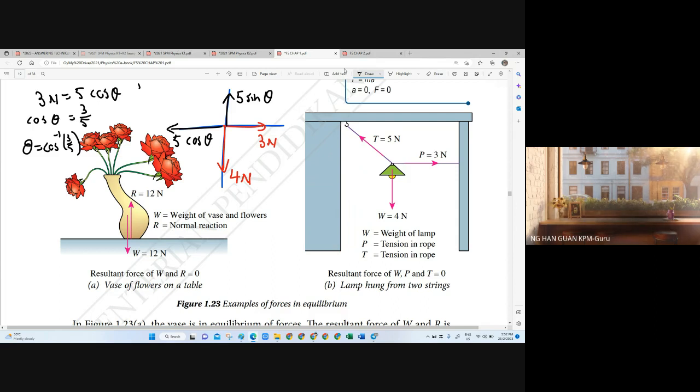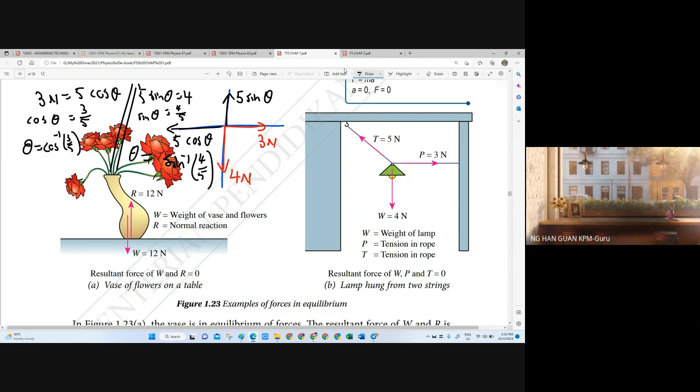Or you can solve it with 5 sin theta must equal 4, upward must equal downward in magnitude so that they have a resultant of 0. So sin theta will equal 4 over 5, then theta will equal shift sin 4 over 5.